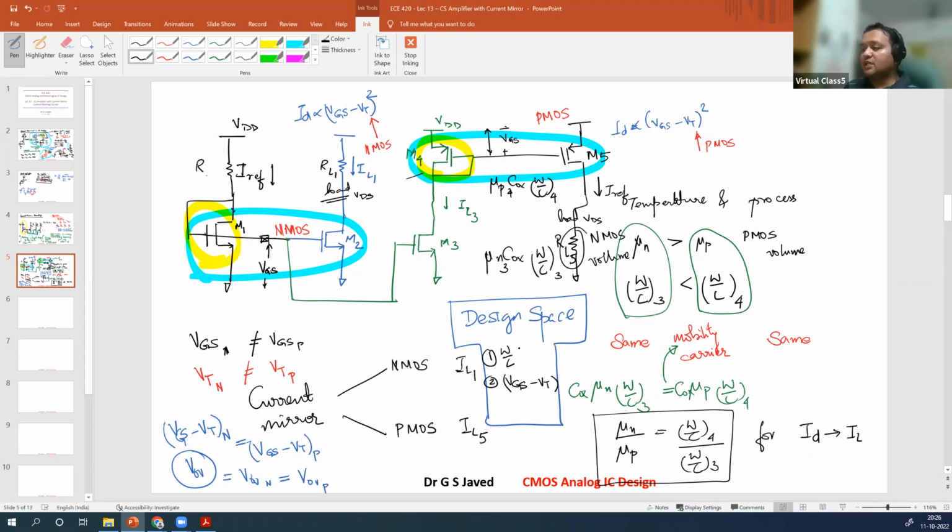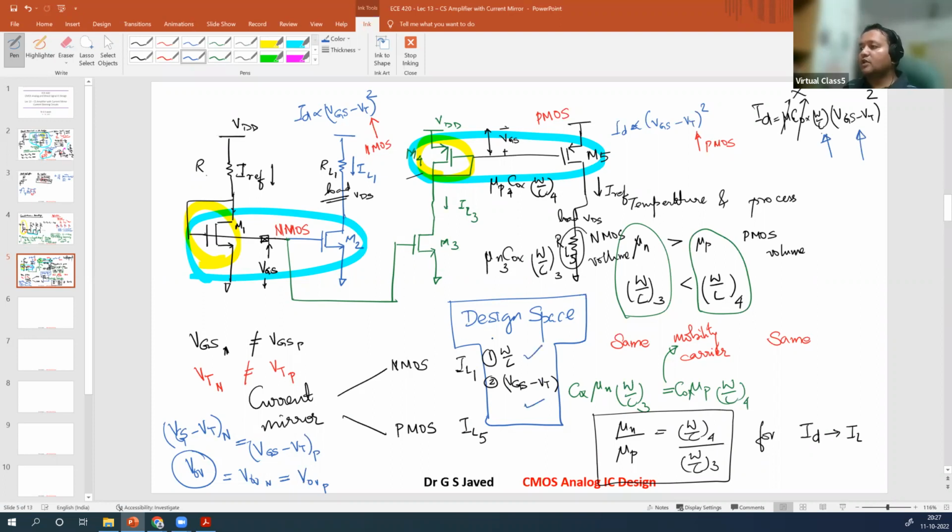And if you effectively see, no other design variable is within your constraint, right? ID is mu Cox W by L VGS minus VT, the whole square. So mu is not in your control, Cox is not in your control. Only thing you can control is W over L and VGS minus VT. So that effectively becomes your design space.